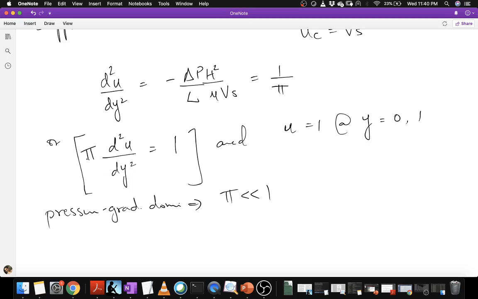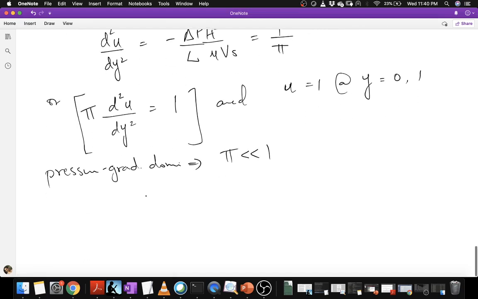You'll see if I ignore pi, if I take pi to be very small, I'll get the absurd result that 0 is equal to 1. Right? This makes no sense.